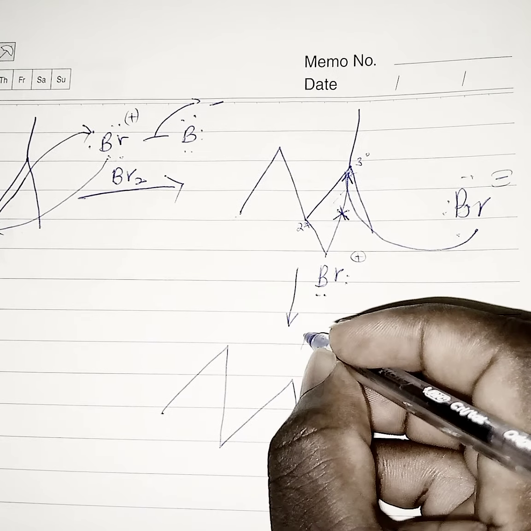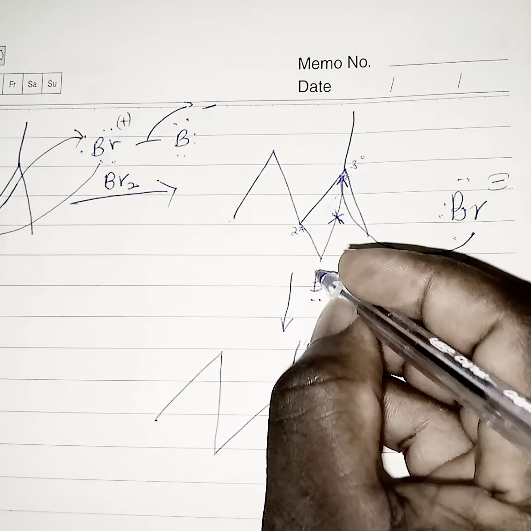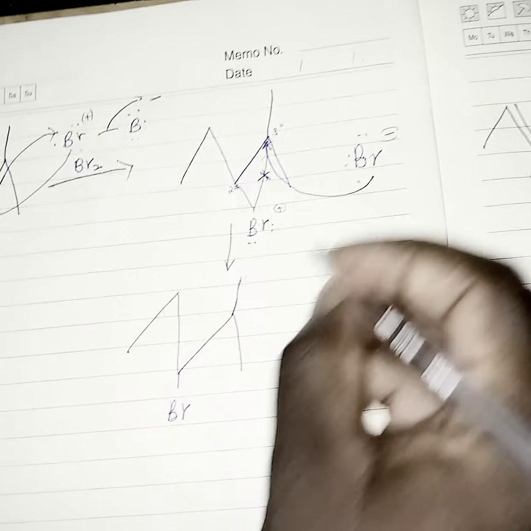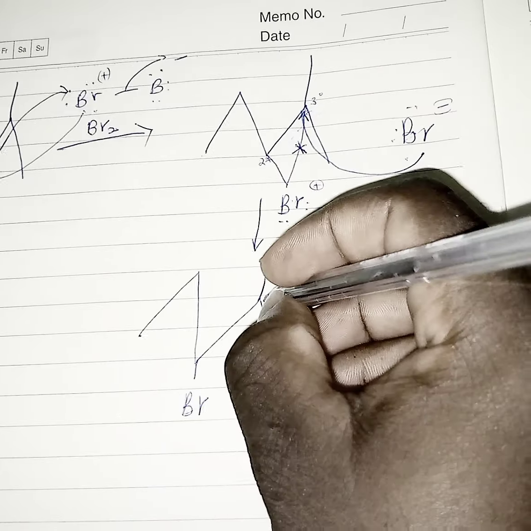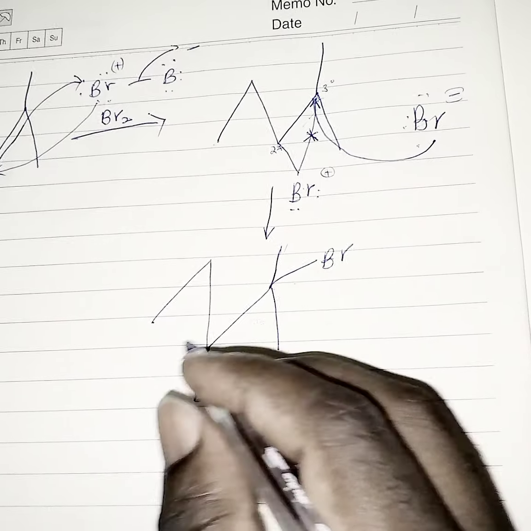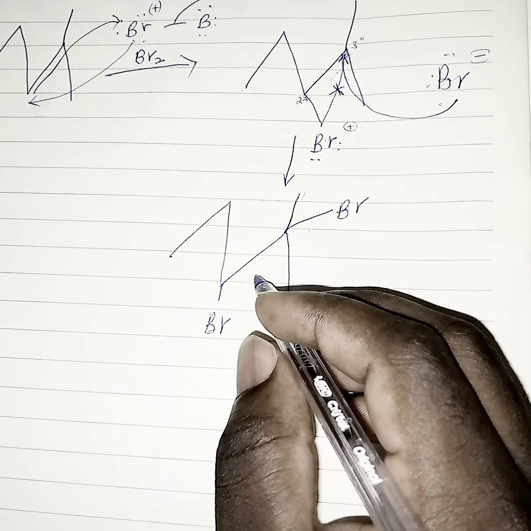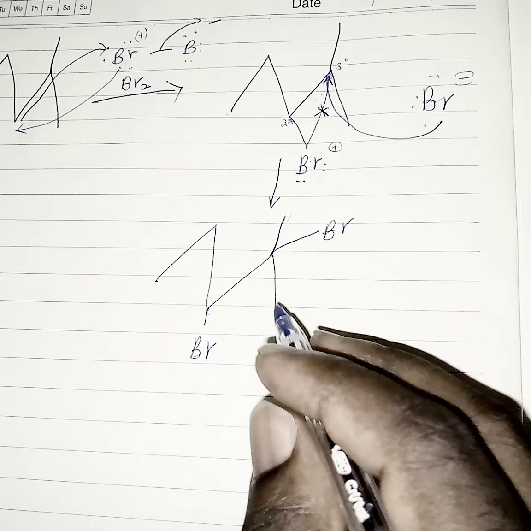We have a substituent here, and this one will come here. This bromine will come here, and this bromine has to come here. You can at the same time bring it like this. See, it's on different carbons, so this is a vicinal compound. So this is the mechanism of halogenation.